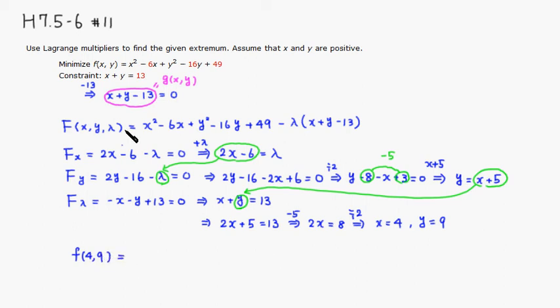So 4 squared is 16, minus 6 times 4 is 24, plus y squared, 9 squared is 81, and then negative 16 times 9: 6 times 9 is 54, and 1 times 9 is 9, so 144, so it's negative 144, and plus 49.